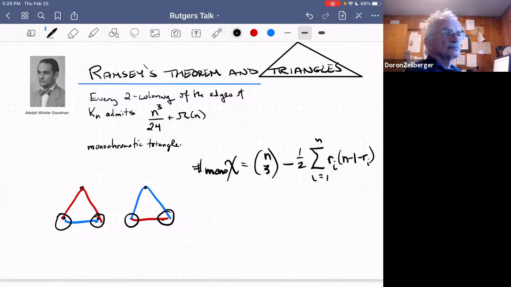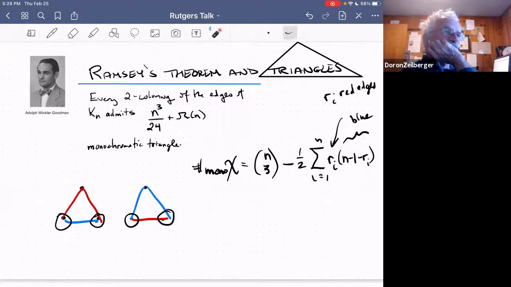So vertex i has r_i red edges, and necessarily the rest are blue edges. So if I count all of the ways where I can have a red edge and a blue edge, and I'm dividing by 2 because I know that each of them has 2. So I'm double counting the non-monochromatic triangles this way.